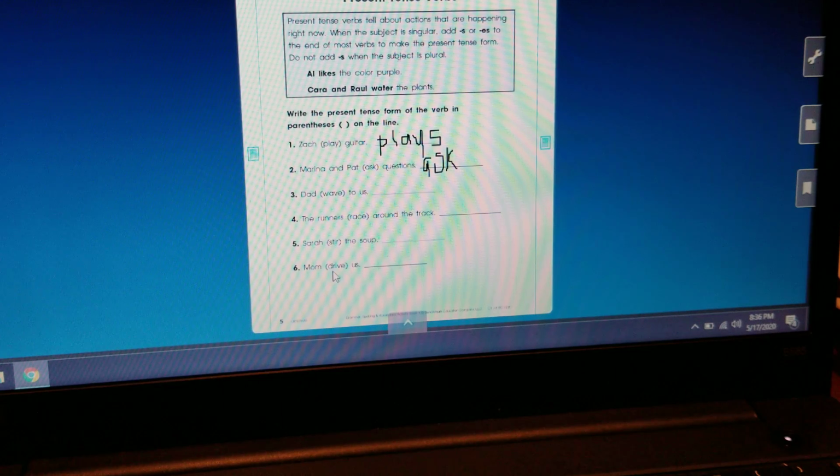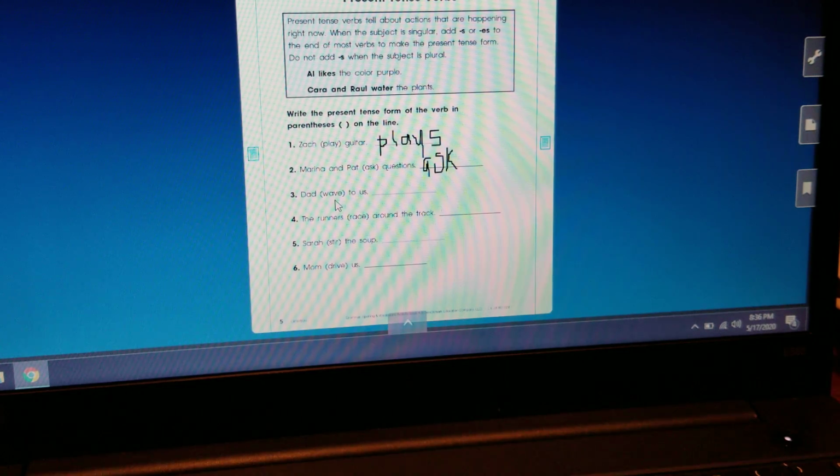Drives needs an S. Remember, present tense gets an S except when it's plural. That means it's more than one person in the subject. So Zach, that's one person. We have to use plays. Marina and Pat, two people, so we don't need an S on ask.